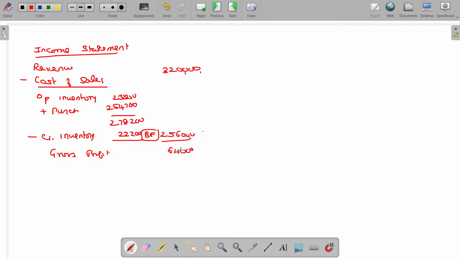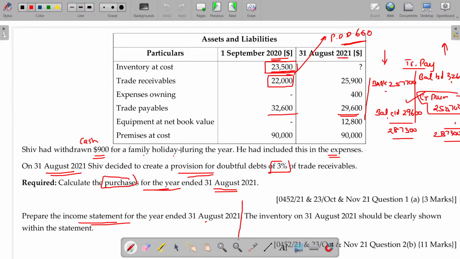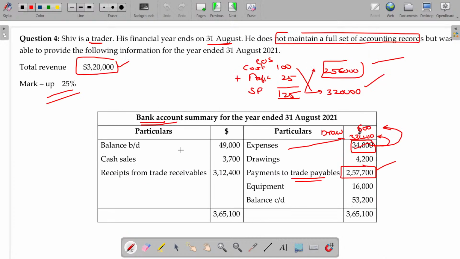Now with that, we now subtract some other expenses also one after one slowly. Now, very first page, cashiers, receipts from trade receivables, forget about that. And drawings, this is cash drawings, expenses. In that expenses, 33,400 will be the expenses.